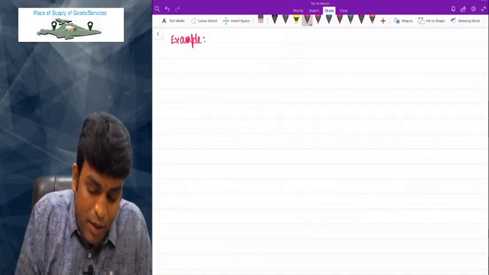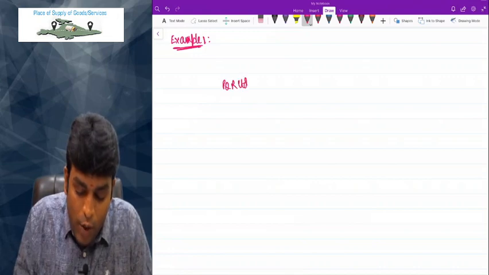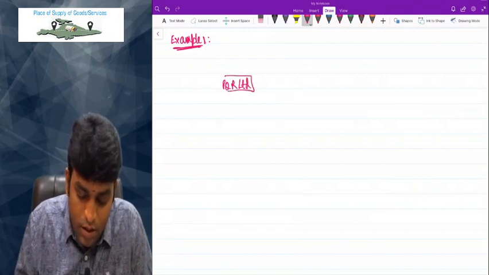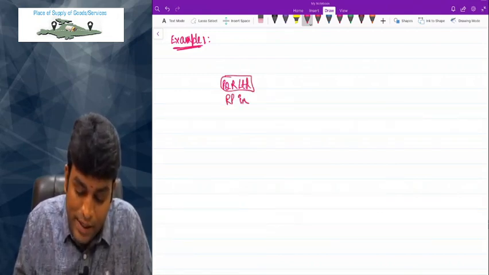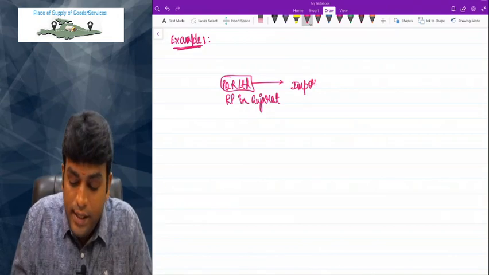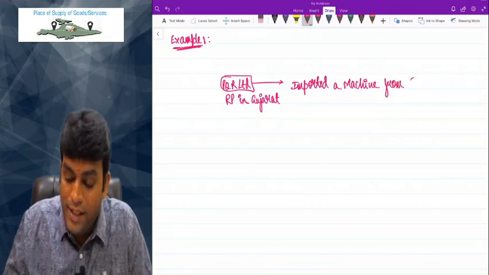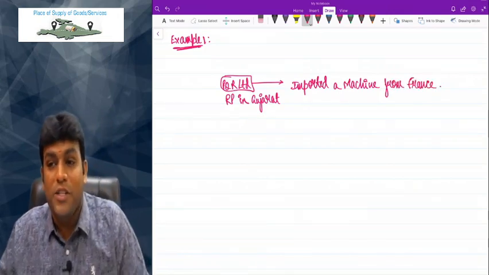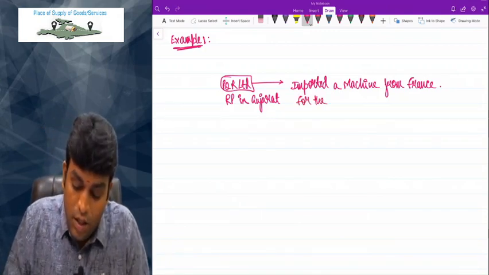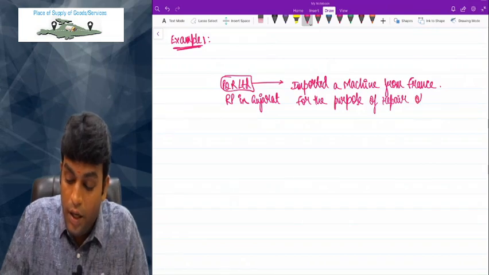First, example 1. Listen very clearly, sir. So let's say there is somebody called PQR Limited, who is basically a registered person in Gujarat, and these guys imported a machine from France.